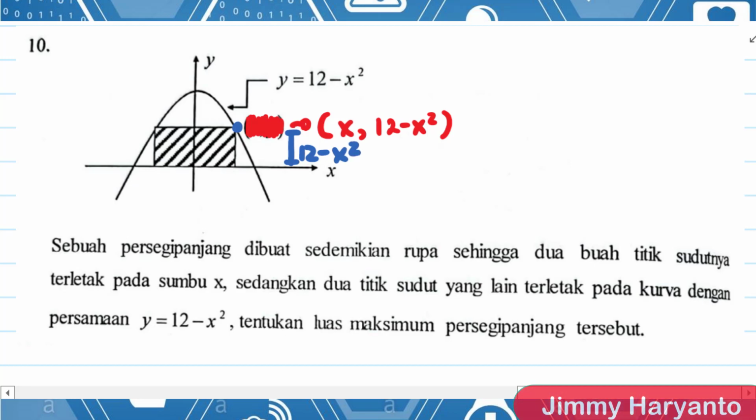But for the length, this one is x because the coordinate of that one is x. That means this one also x. Yeah, because the rectangle is split into two parts equally. That means if the right side is x, the left side will be x also.